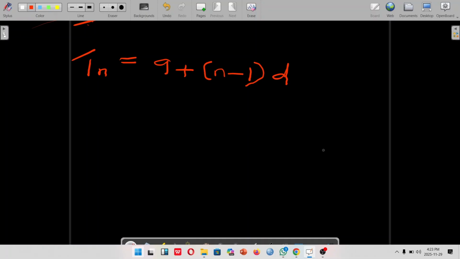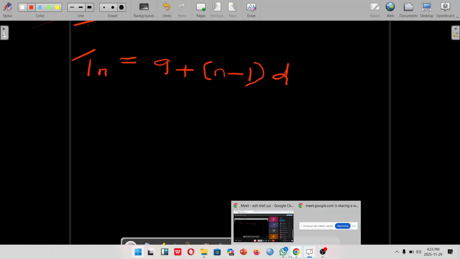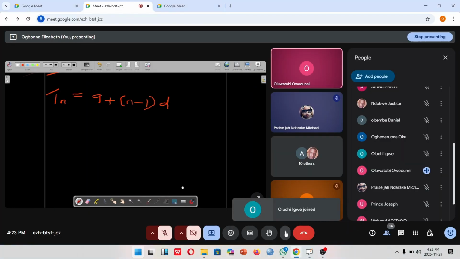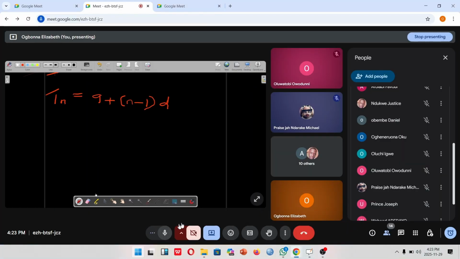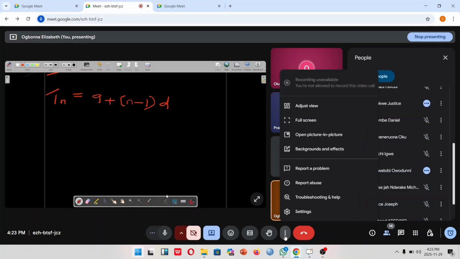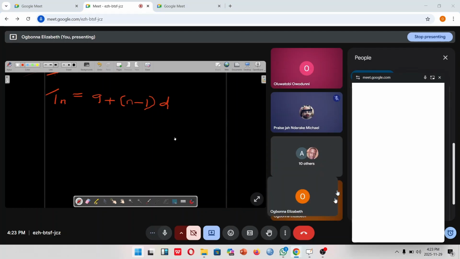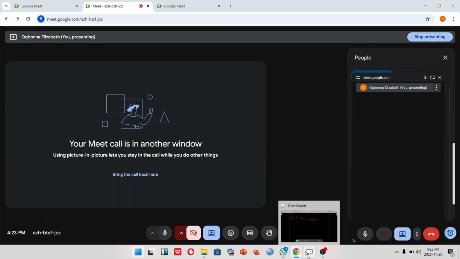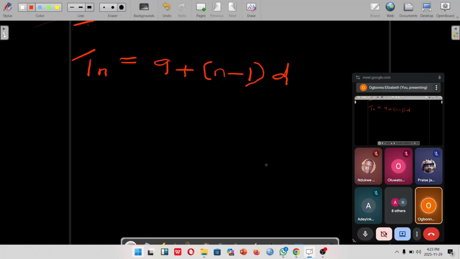This is known as the n-th term formula, which you can use to get any term. Can you see my board? Yes. Okay, so that's the formula for the n-th term.